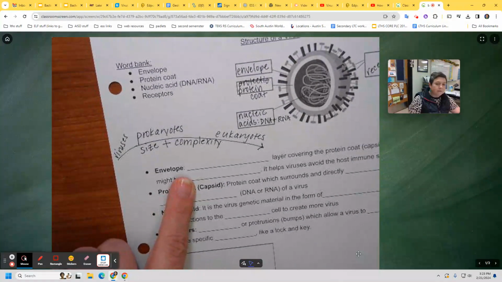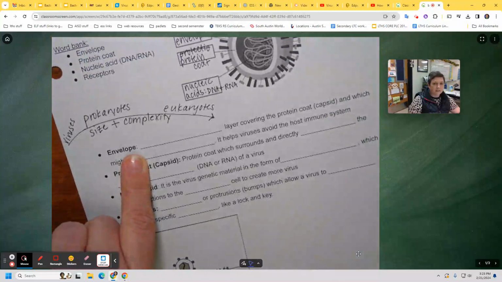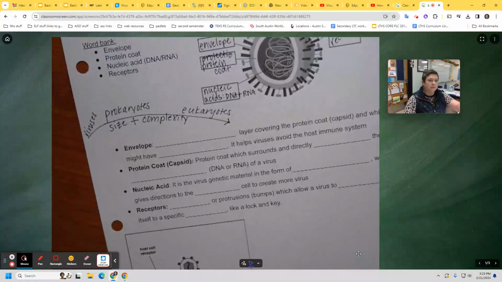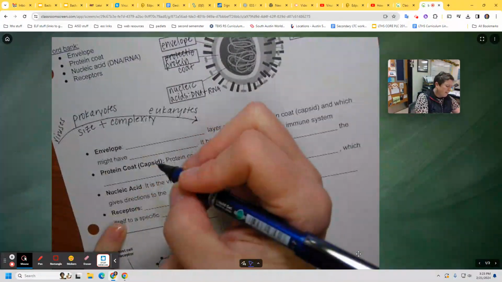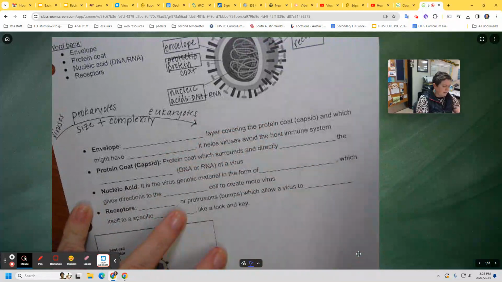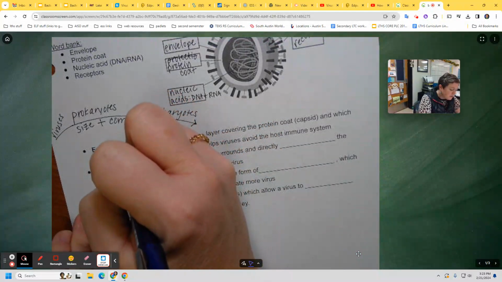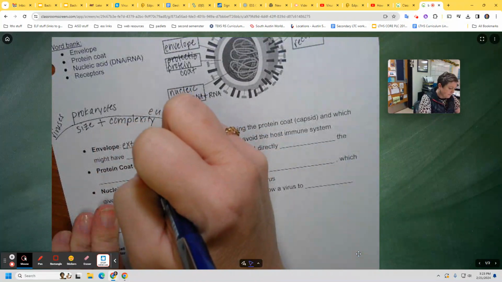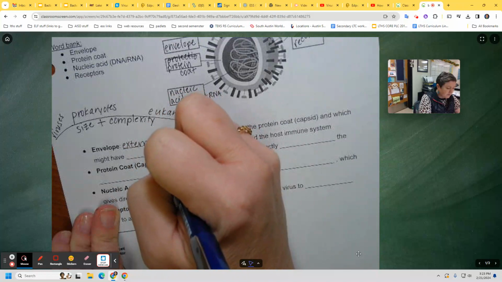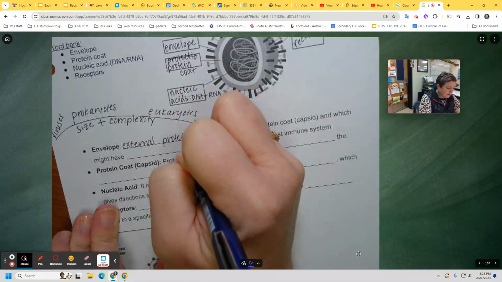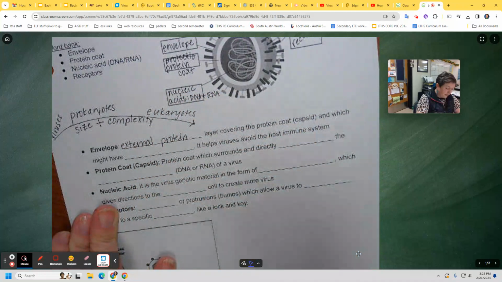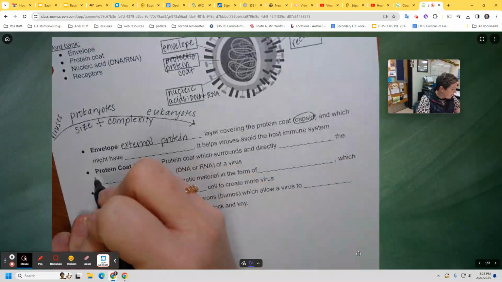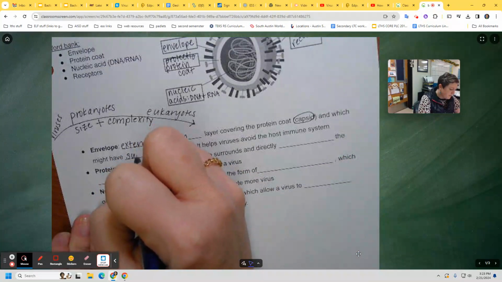Okay? So the envelope, this might be a little different. If you think it matters, then go ahead and make some changes to yours. But I think it's all pretty much the same. The envelope is an external protein layer covering the protein coat, also known as the capsid, and which might have surface markers.